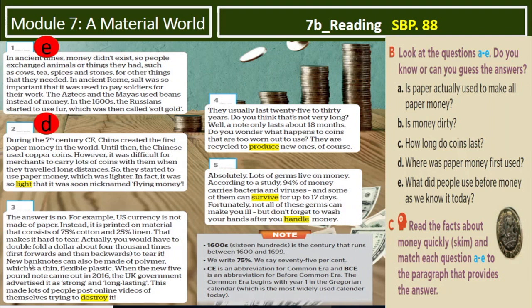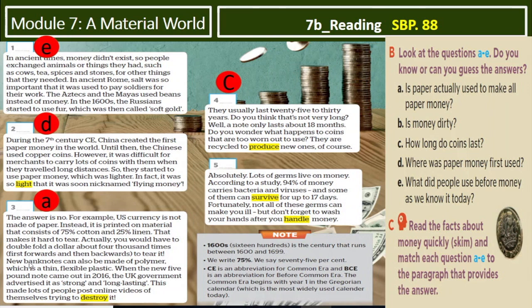Number 3, correct. Number 3 is mainly about, is paper actually used to make all paper money? Is paper the most important material that's used to make money? Okay, number 3.